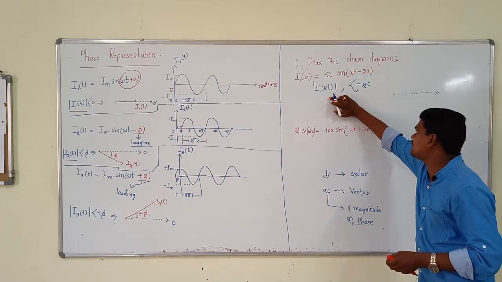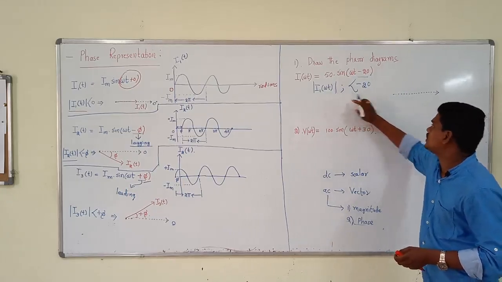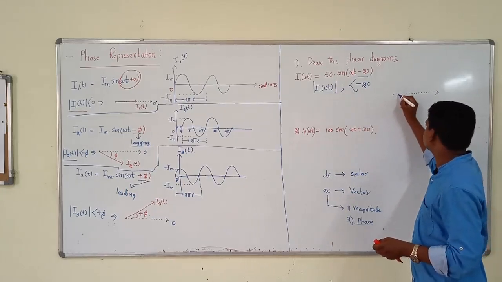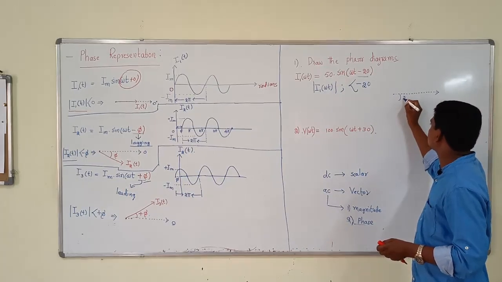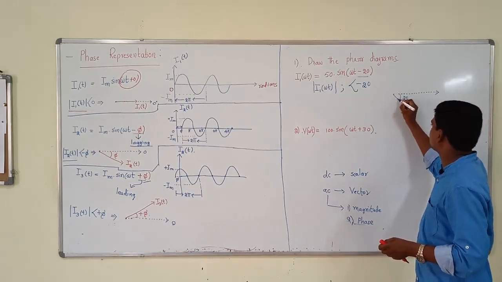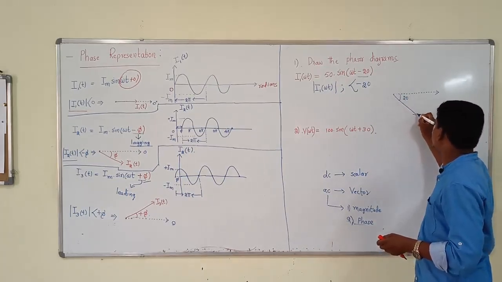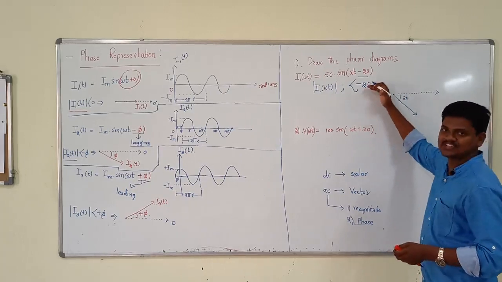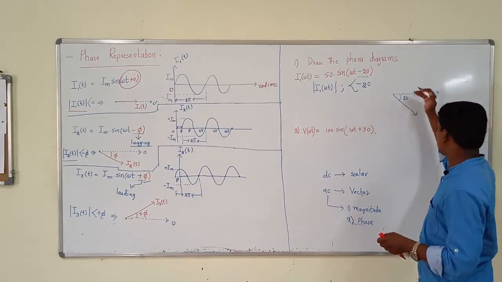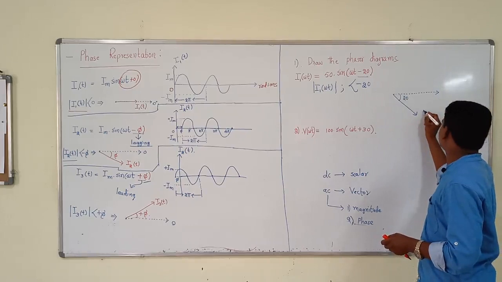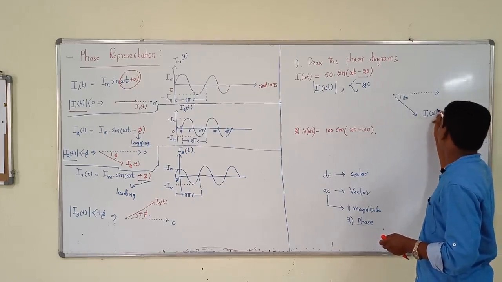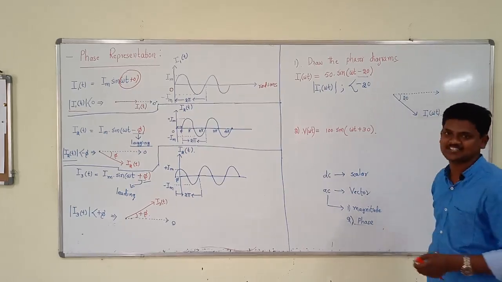The -20 means somewhere at such a point, like this. Understand? Lagging, -20 means lagging downwards. So this is the I1 of omega t phase representation.